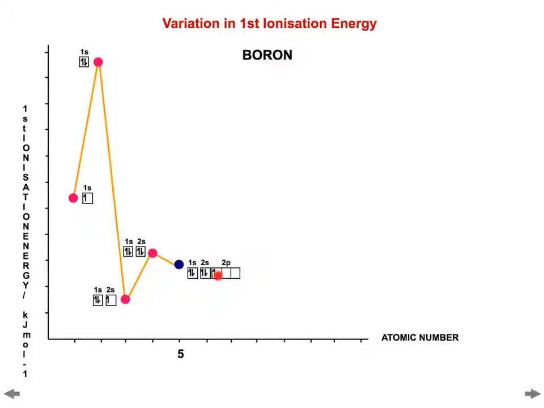The first reason is that the 2p subshell exists at a higher energy level than the 2s subshell. So that means this electron already has more energy, therefore less energy is required to knock it off. The other reason is because this 2p orbital feels shielding from the nucleus from the 2s subshell and also the 1s subshell.